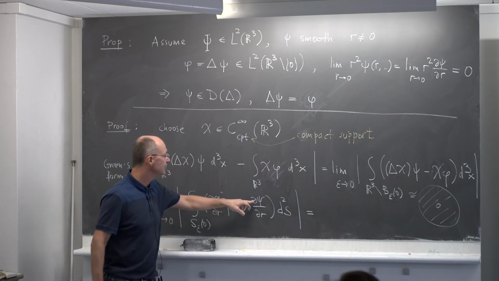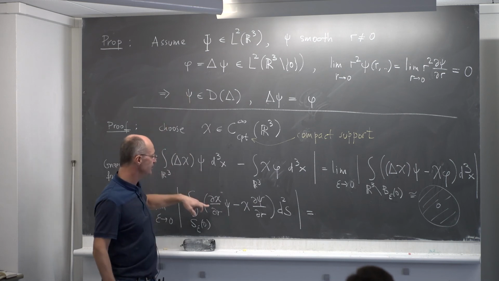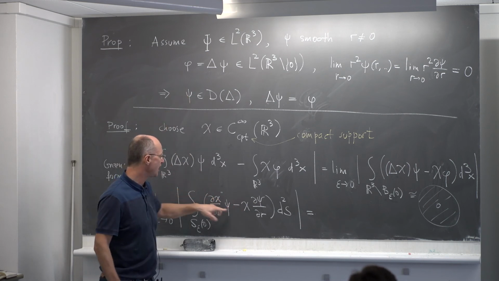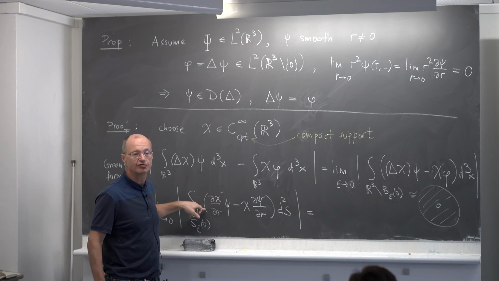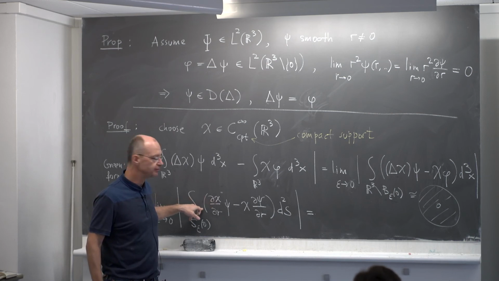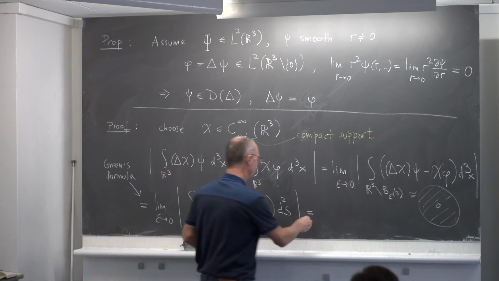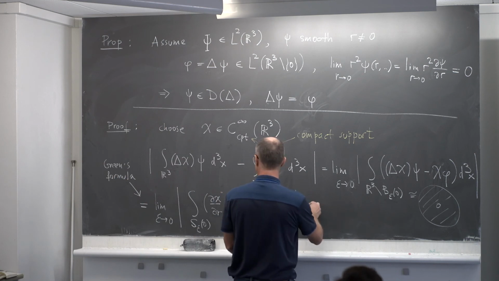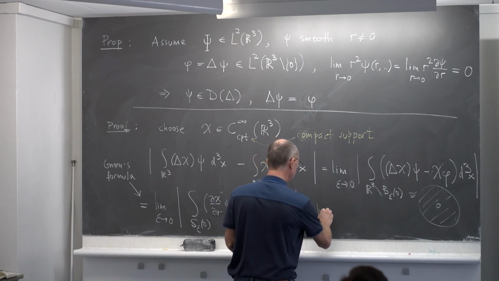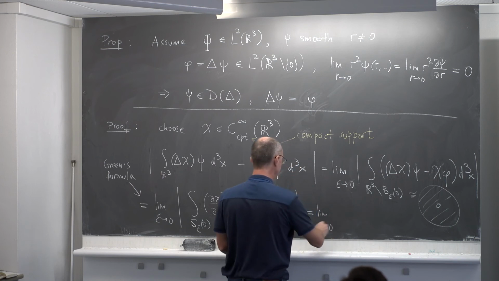so chi is in C infinity, so chi and the derivative of chi, they are all bounded by some constant. Now, so this is all bounded, so this is a limit, epsilon goes to 0.